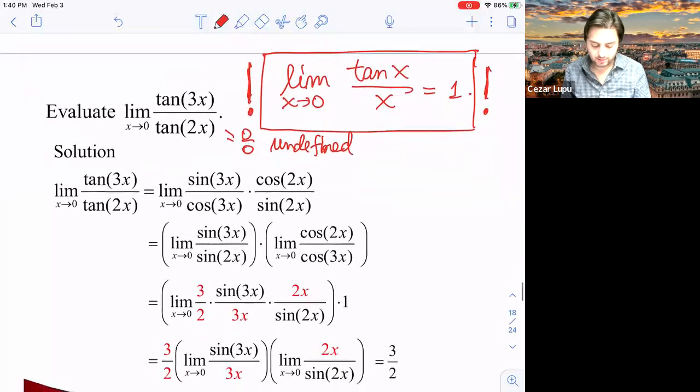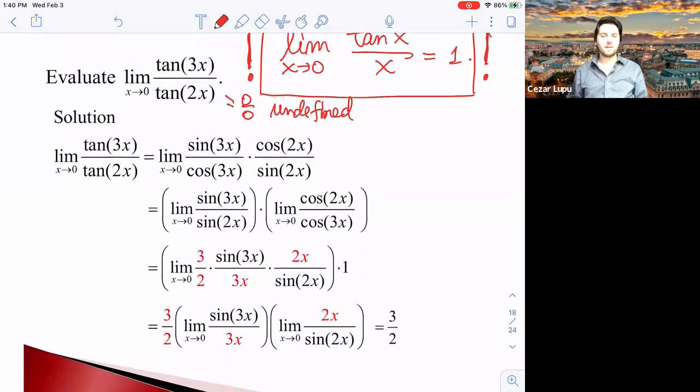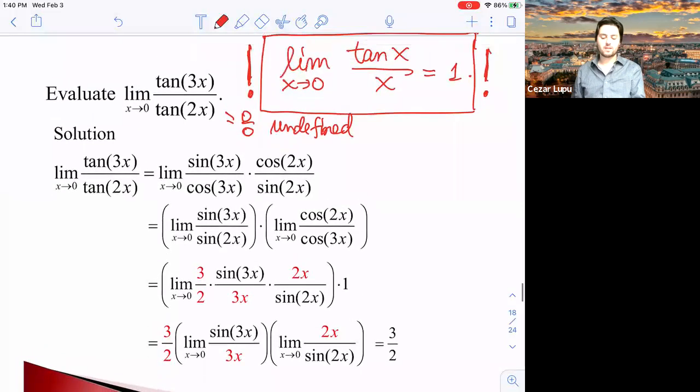You can do it like this. It's a little bit more complicated, but basically it just uses the fact that tangent of x over x equals 1. So let me explain this method first. We can write tangent as sine over cosine.